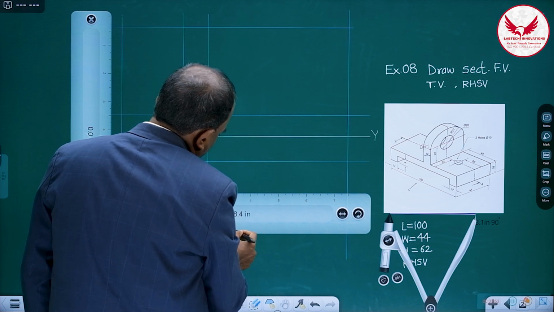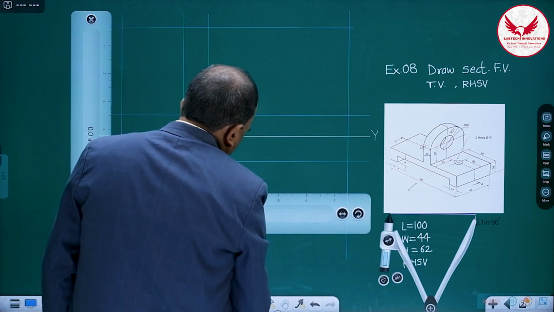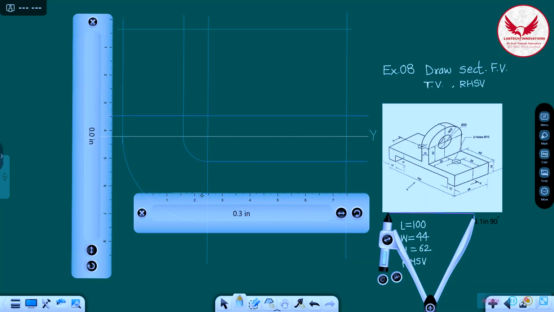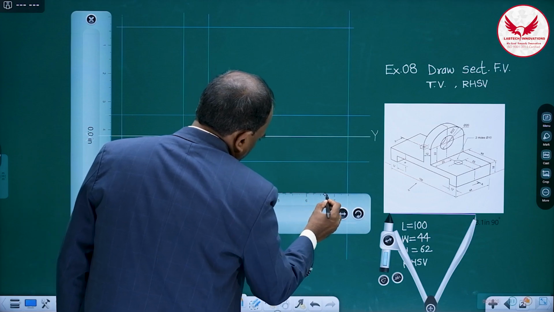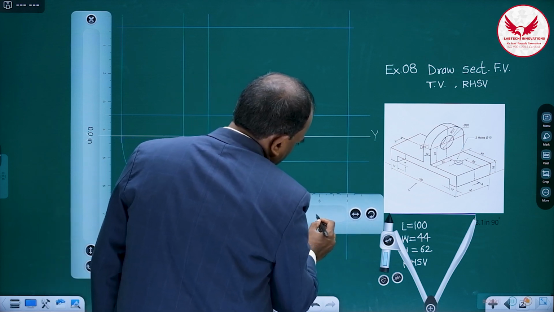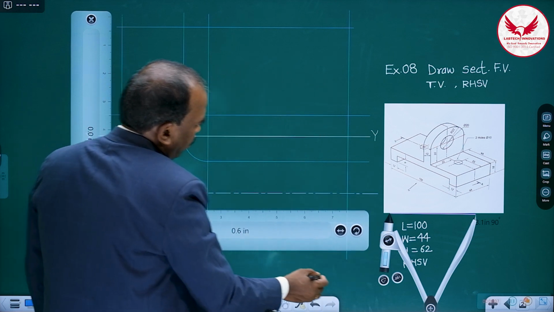And the center line is always an imaginary line. You can extend it beyond the blocks. This is the center line in the top view.